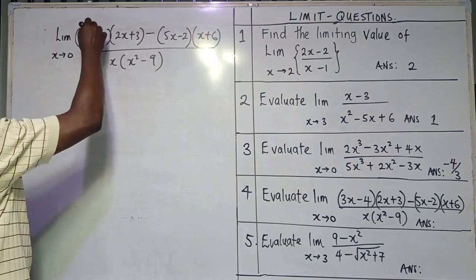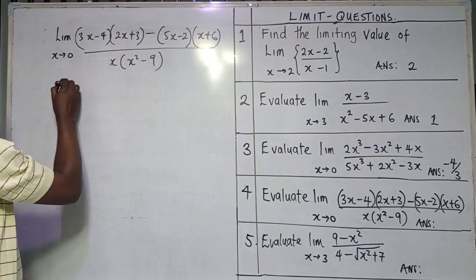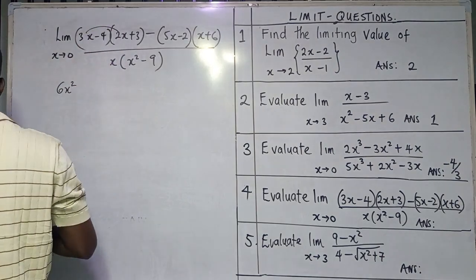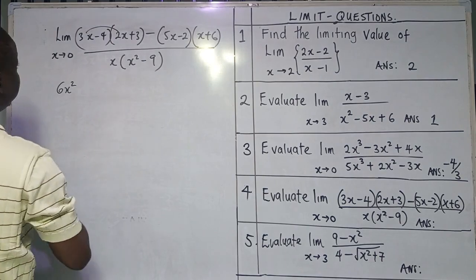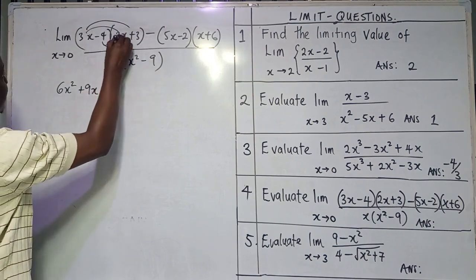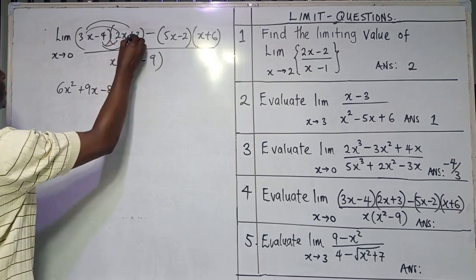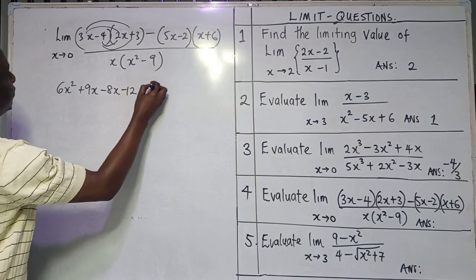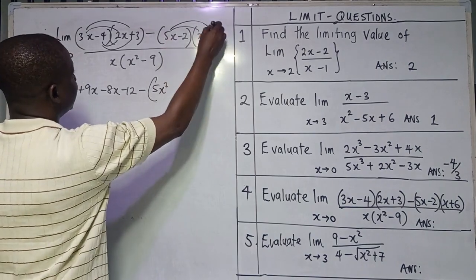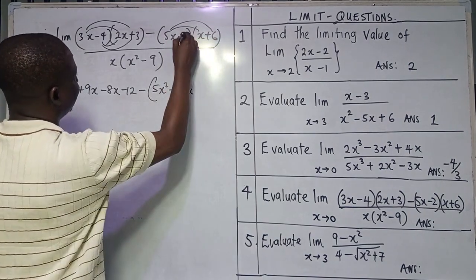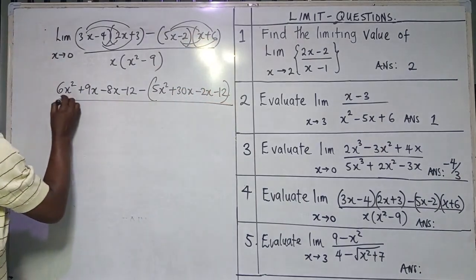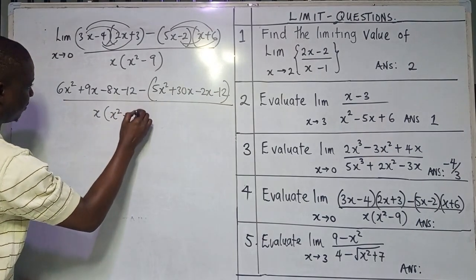If you do that, this times this gives us 6x squared, then 3x times 3 is 9x, this times this gives us minus 8x, then minus 12. Minus open bracket: this times this gives 5x squared, this gives plus 30x, minus 2x, minus 12. All divided by x into x squared minus 9.